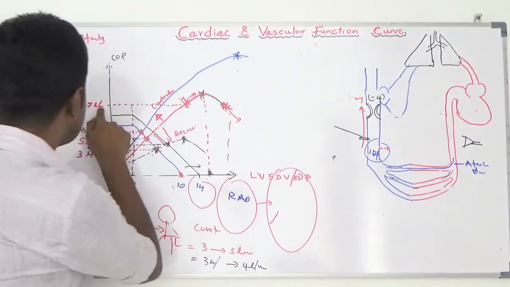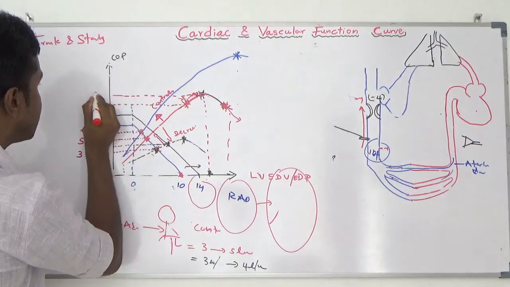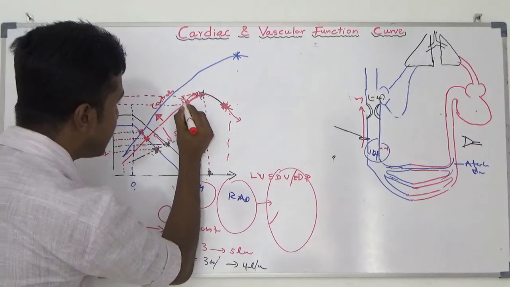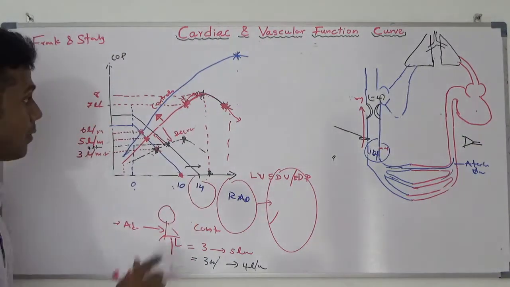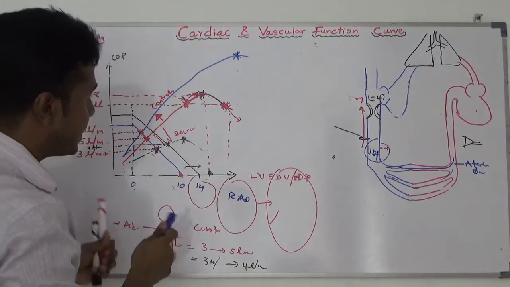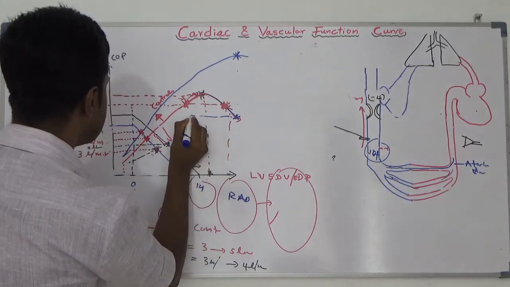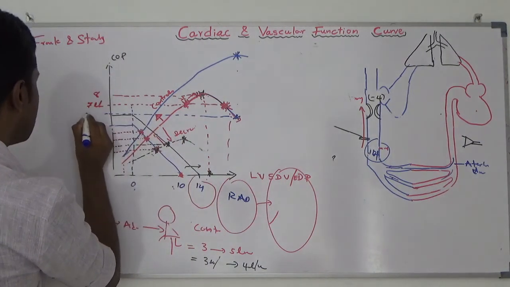Here my cardiac output is 7. Once I give fluid, it becomes here, so it increases to 8 because I was here previously. If I was here previously, once I give fluid, I am going to drop from here to here. Now my cardiac output is somewhere around 6.5.